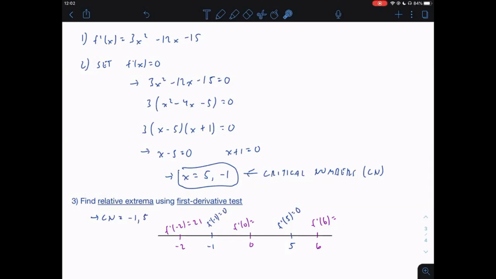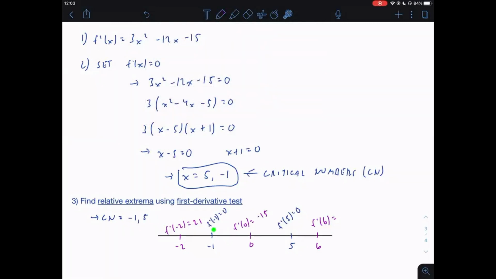So what we're trying to see is what the slope was before and after it zeroes out. Here our slope is positive, then it zeroes out, and now we want to see what happens after that first critical number. So we plug in 0 into the first derivative, and it's just going to give us negative 15.